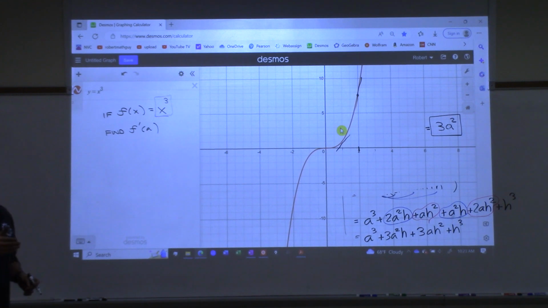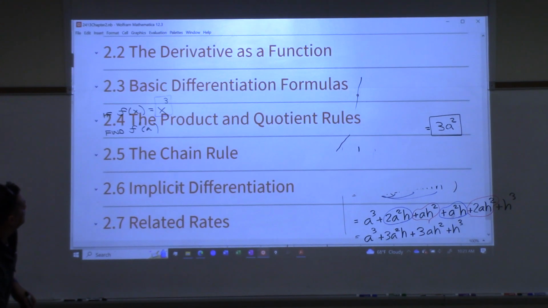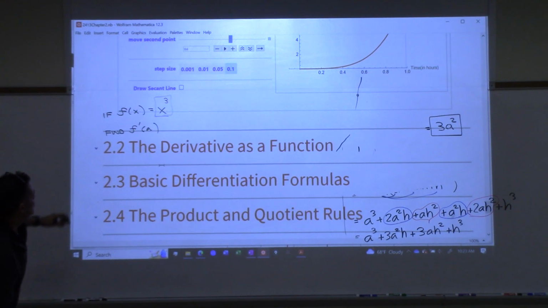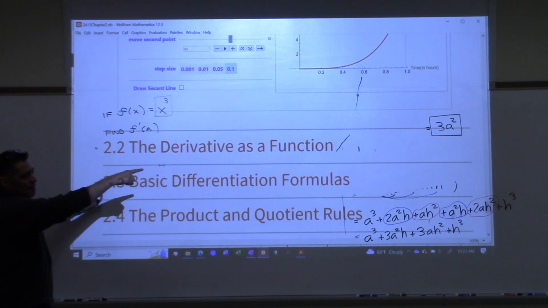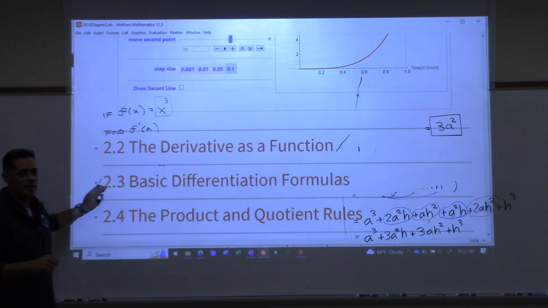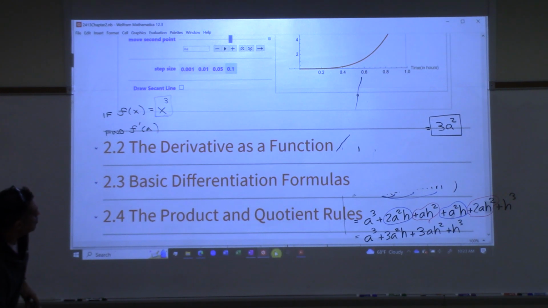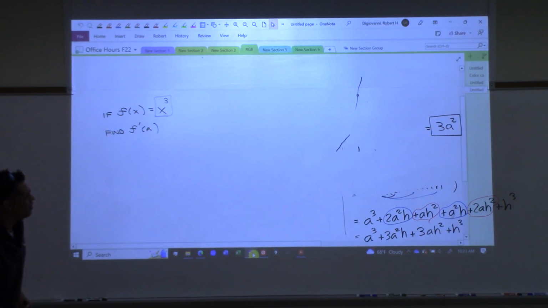Where we're going, though, at some point, very soon, 2.3 is where we say, okay, you've suffered enough. Now we're going to give you formulas to get that 3a squared where you don't have to do the limit anymore. It's like a shortcut. And on this problem, it's easy to tell you what the shortcut is.